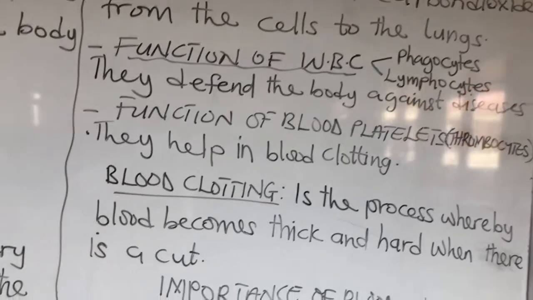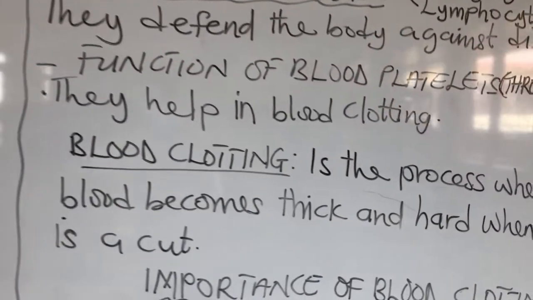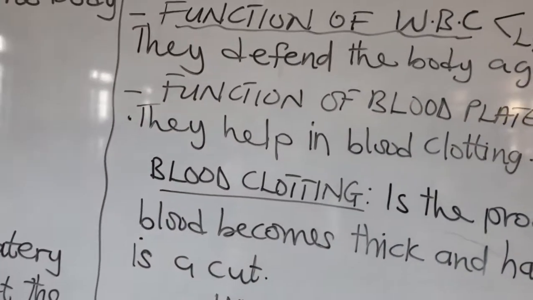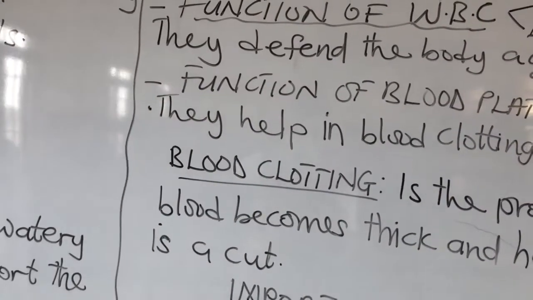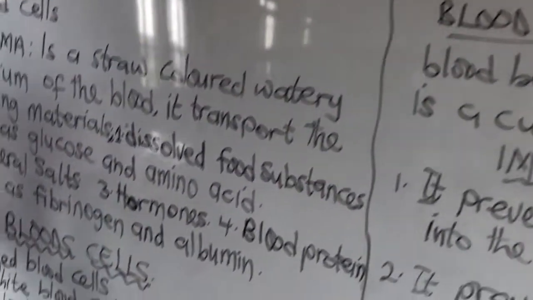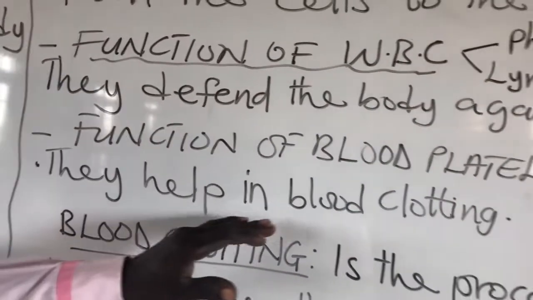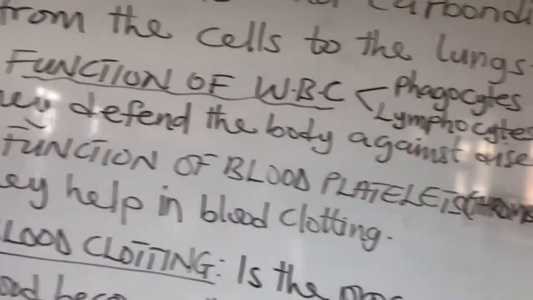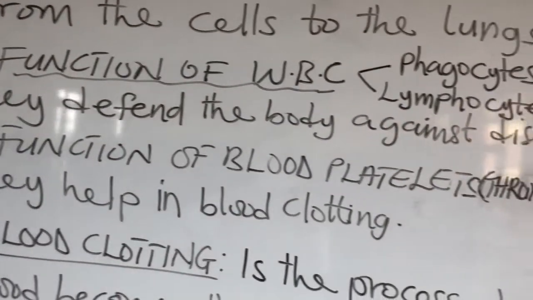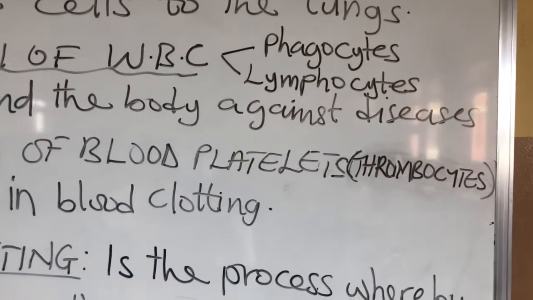Now let's look at the other cells, which are the thrombocytes or the blood platelets. The function of the blood platelets is to help in blood clotting. Now, what is blood clotting?